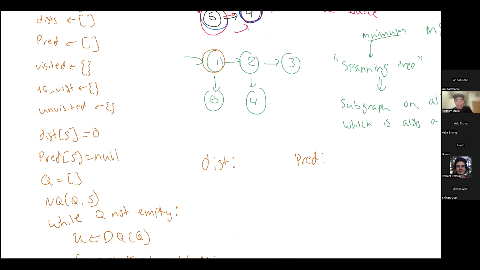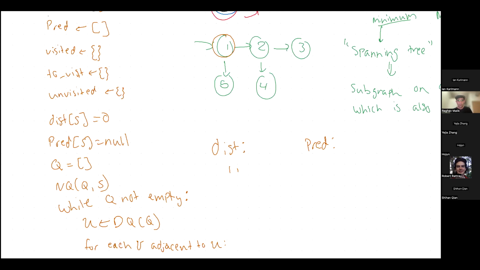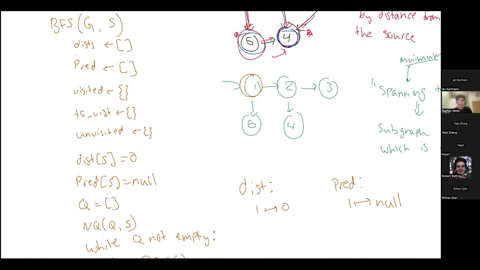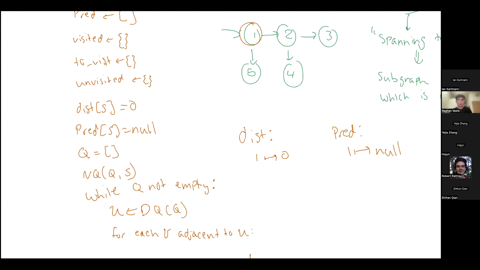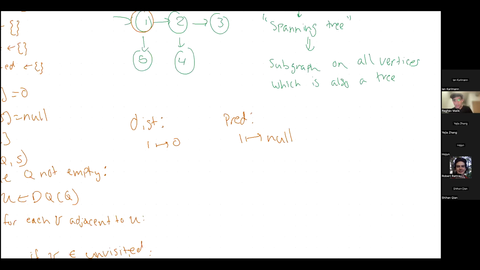So we start with 1 at a distance of 0 from 1, which makes sense. The predecessor of 1 is null, right? Okay, so we enqueue 1 into the queue. So maybe I'll look at the queue here. This just contains 1.